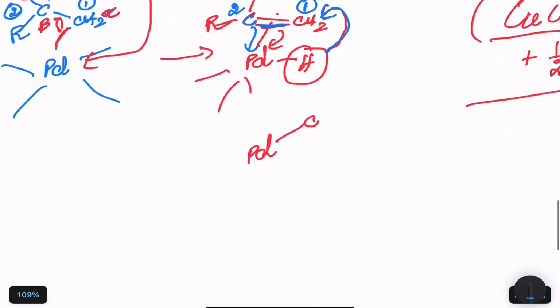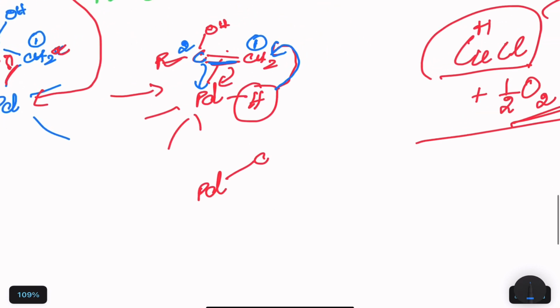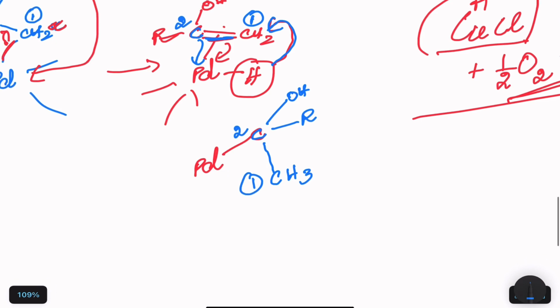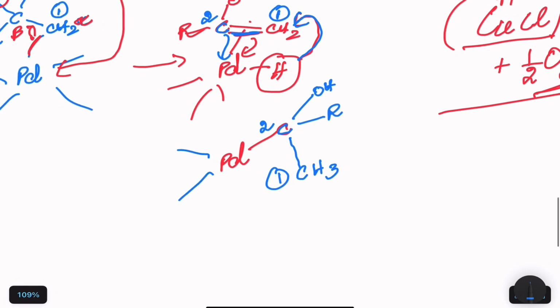The palladium. So basically the palladium is attached to which carbon? Carbon number 2 only. OH is there on carbon number 2 and OR is there on carbon number 2, and this carbon number 2 is attached to this carbon number 1. So this is how it will look after this. Now the rest will be what? You already know, it will be chlorine.